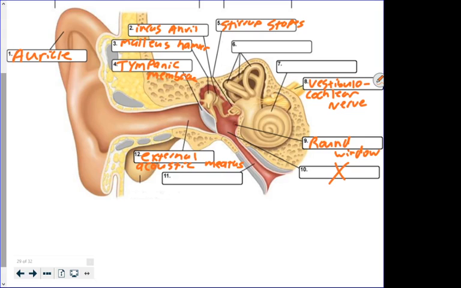And 11 is your pharyngeotympanic tube. Pharyngeo, what do you think that refers to?